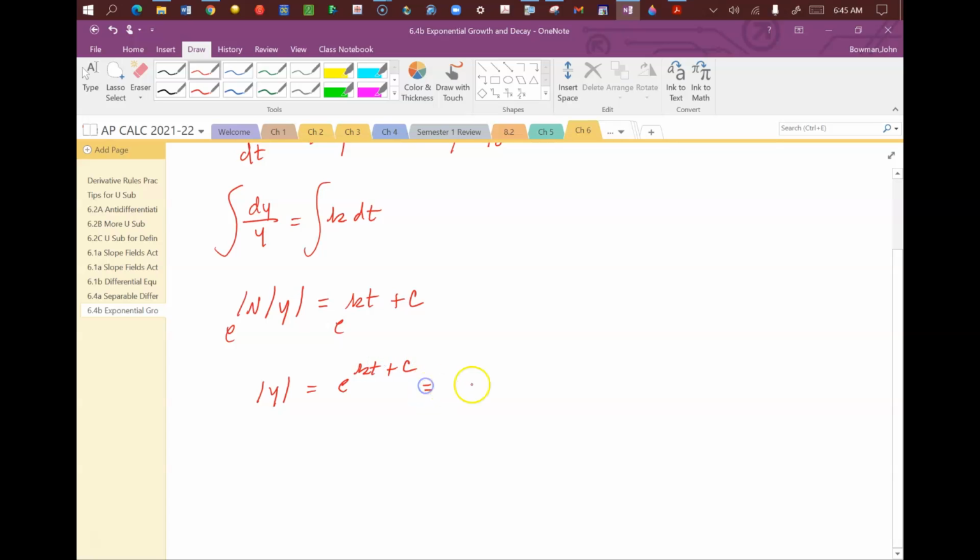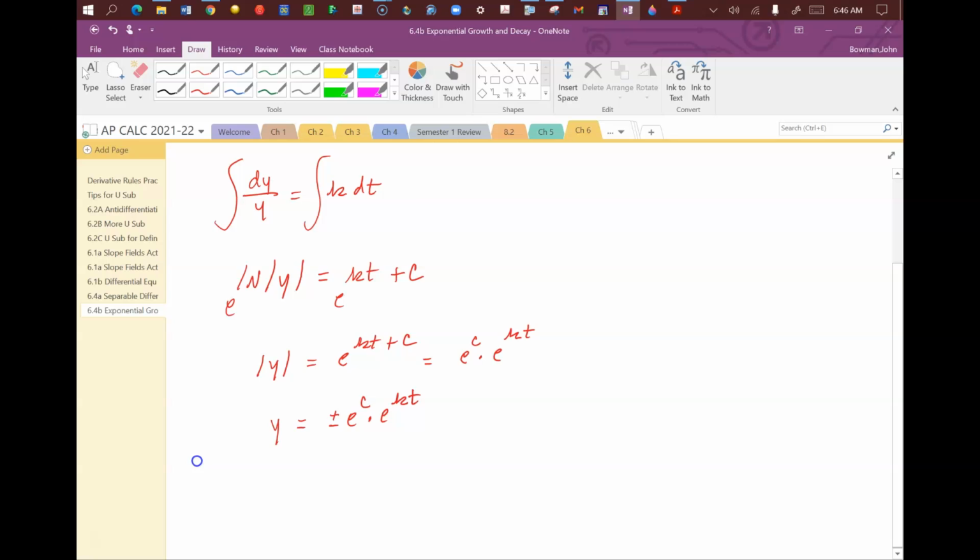Using properties of exponents, we can write this as e to the c times e to the kt. Now we solve for y, getting rid of the absolute value, and we have plus or minus e to the c times e to the kt.